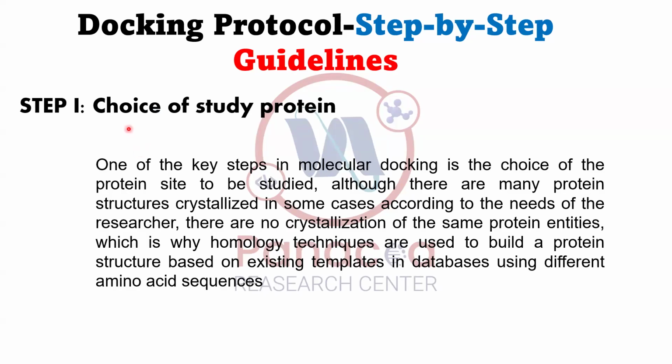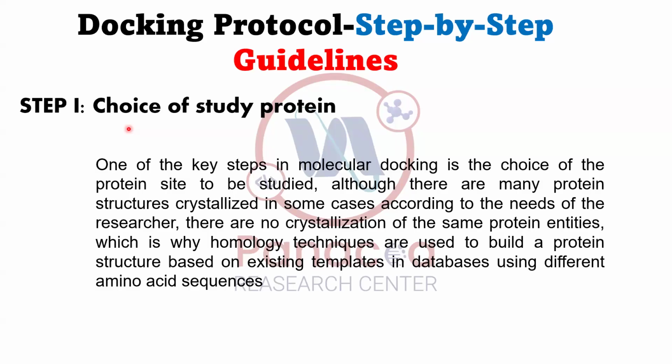So here is the step-by-step guideline for performing molecular docking. In the first step, we need to choose a study protein, right? One of the key steps in molecular docking is the choice of protein site to be studied, like I already talked about in our starting section.